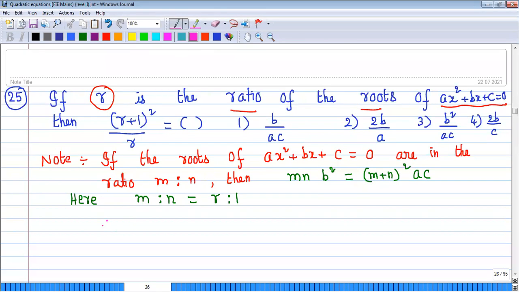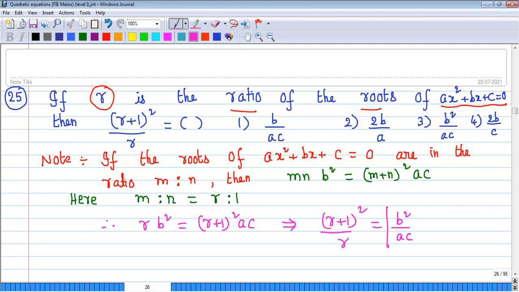So you get r into 1 times b square equals to r plus 1 whole square into ac. You rearrange the terms: r plus 1 whole square upon r equals to b square upon ac. This is the answer. That means the third option is the right option.